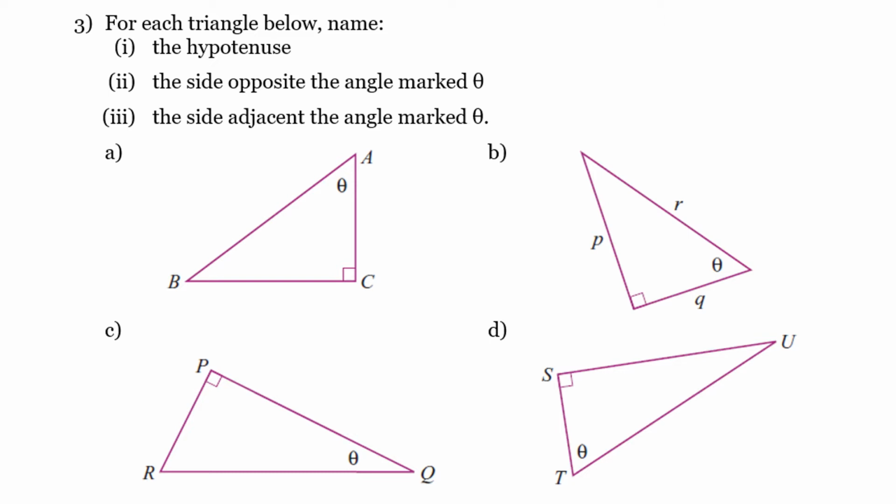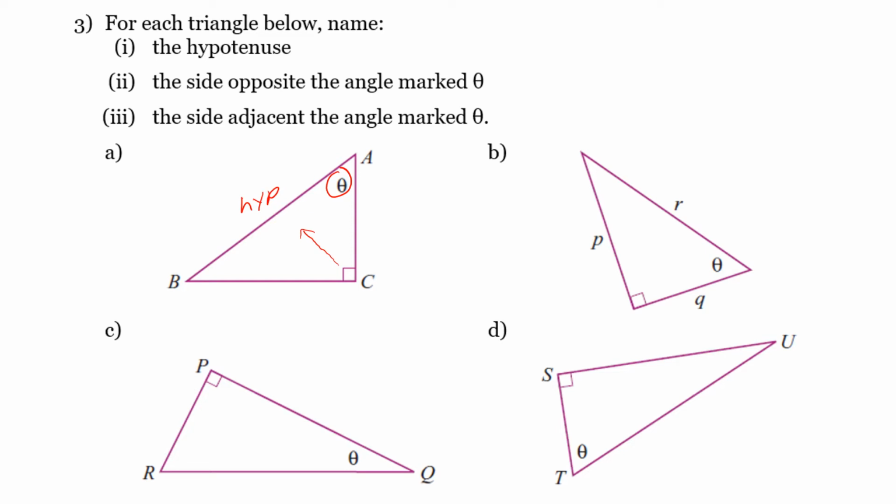So here's theta, and that's the angle of interest. The first one is the hypotenuse. The hypotenuse is always directly across from the 90 degrees. So here is the hypotenuse.